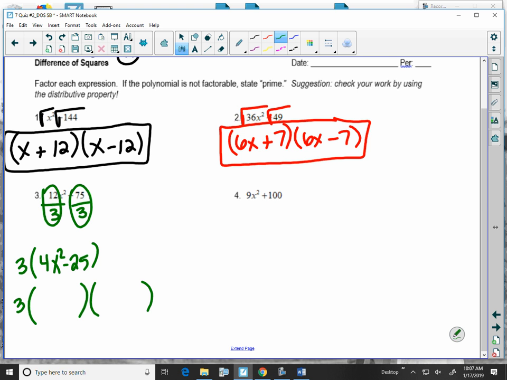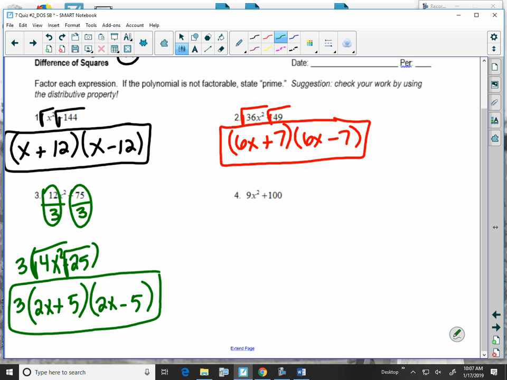We can take the square root of 4x squared and get 2x. And we can take the square root of 25 and we can get 5. One of them will be positive, one of them will be negative. And that's our final answer. Make sure that you put that GCF of 3 in your answer, because the answer would be wrong if you don't have that GCF in there.